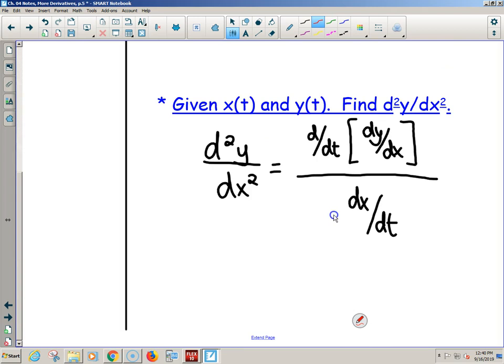If I was to take that derivative, wouldn't that be a d squared y over dx times dt? Is that right for a second derivative? So how do I get rid of what I don't want and get what I do want? If I multiply by a dt over dx, does everything work out?